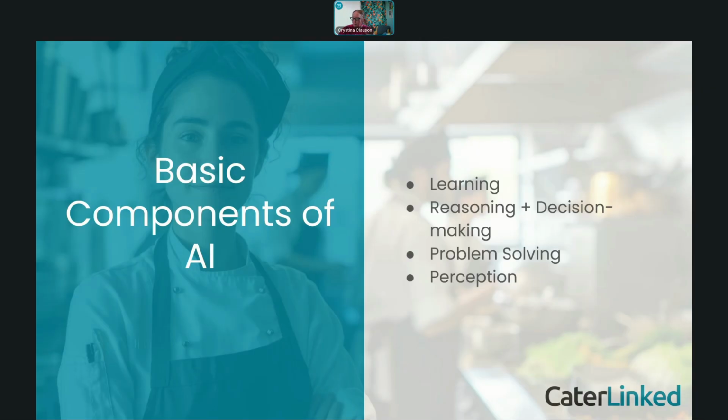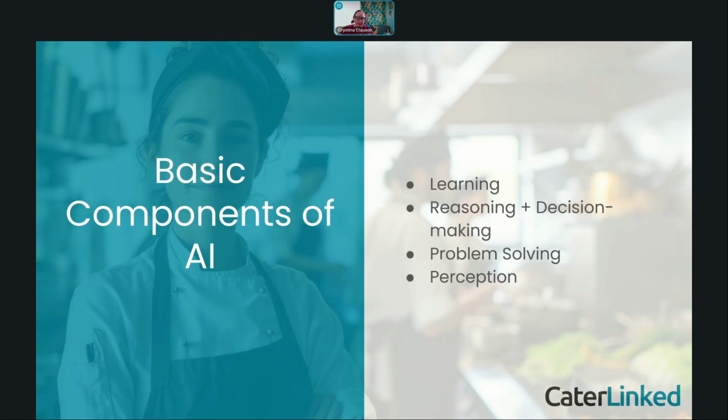Problem solving processes data, manipulates it, and applies it to devise solutions. So this would be trying to make information applicable across things it wouldn't normally think of, trying to make connections where they may not already exist.